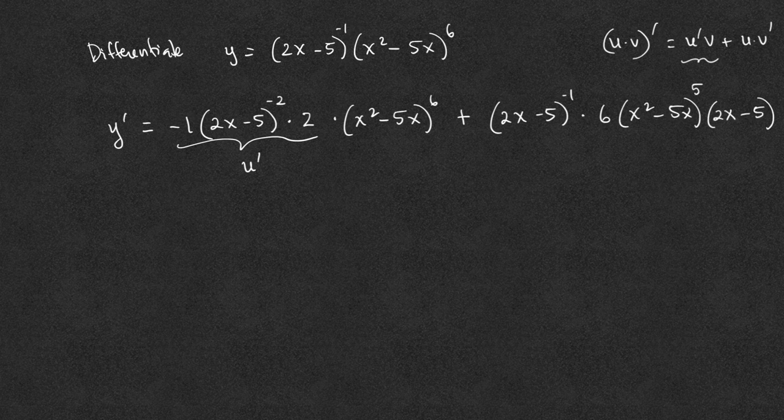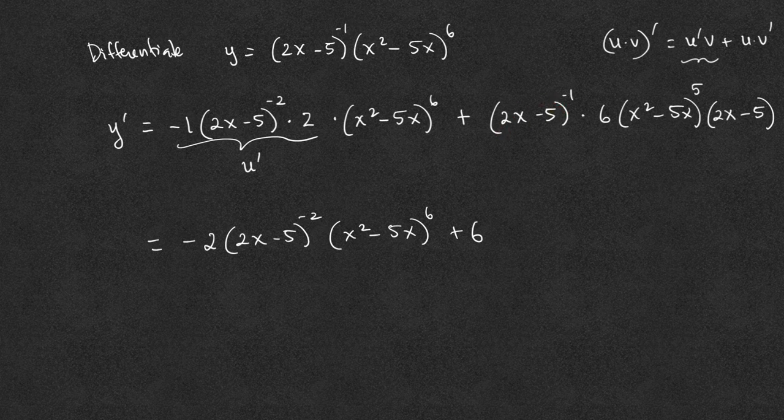As always, we will try to simplify this. This is negative 2 times 2x minus 5 raised to the negative 2 power, x squared minus 5x raised to the 6th power. The second term is plus 6, 2x minus 5 raised to the negative 1 power times 2x minus 5 should cancel out, because 2x minus 5 to the negative 1 is the reciprocal of 2x minus 5.